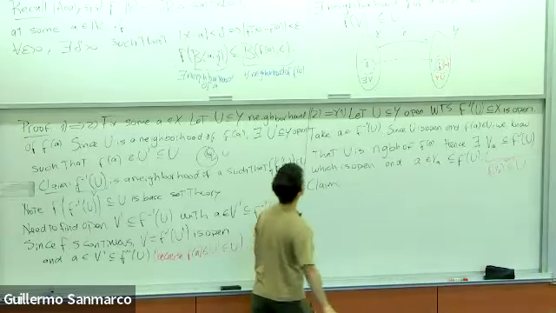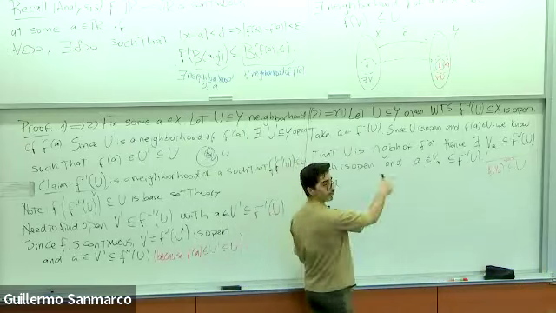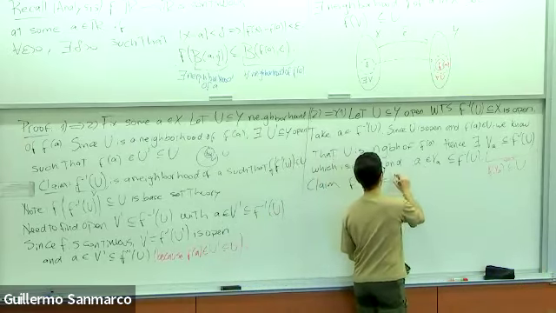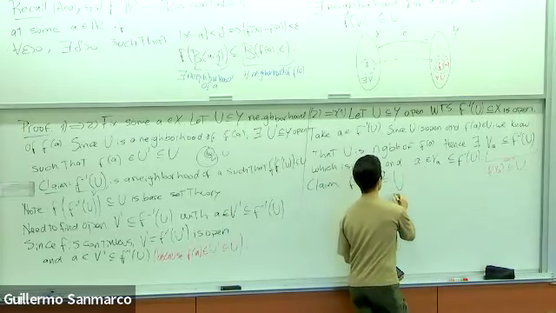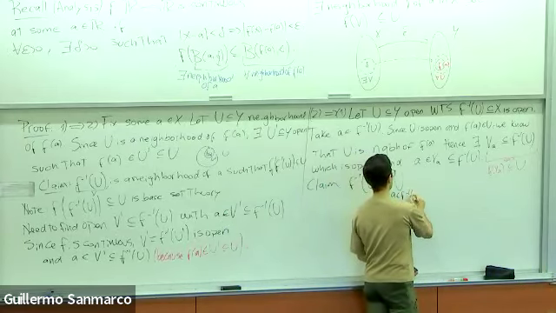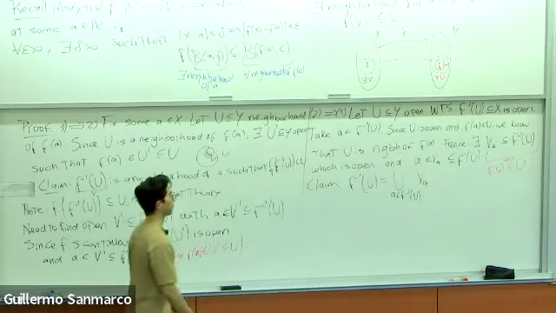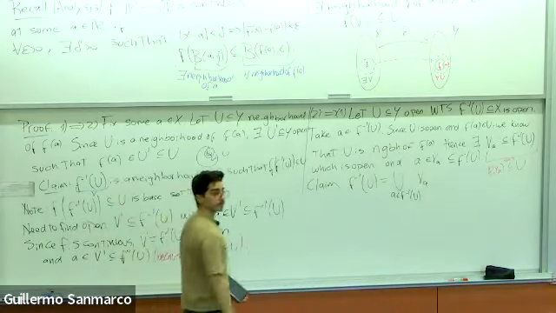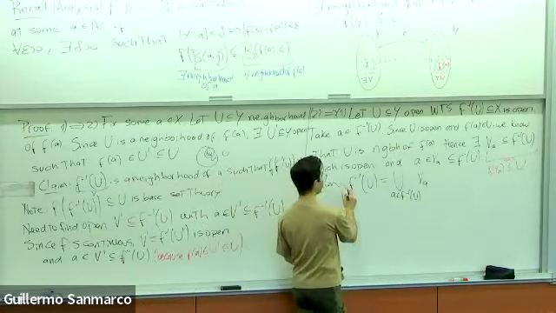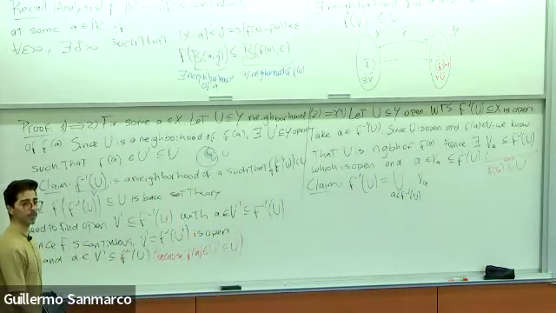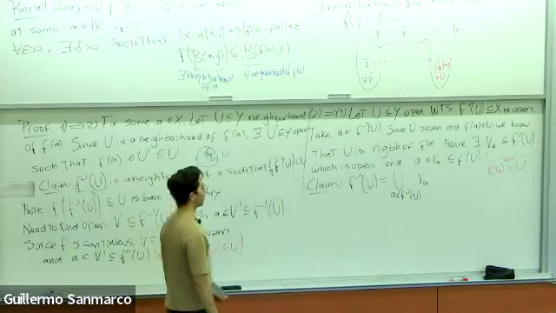So the claim is that F inverse of U is the union over all A in that set of these V of A. This is very similar to what we did for a basis, where we proved that the local and global descriptions of T or B are equivalent.